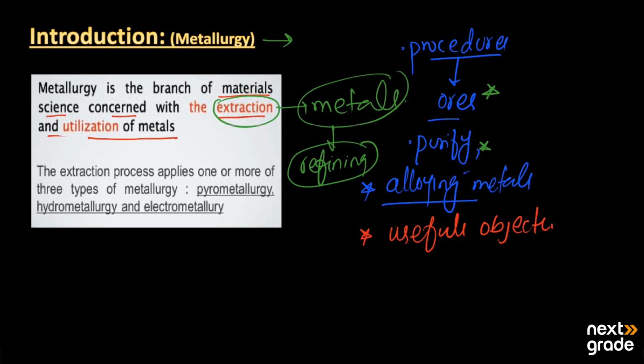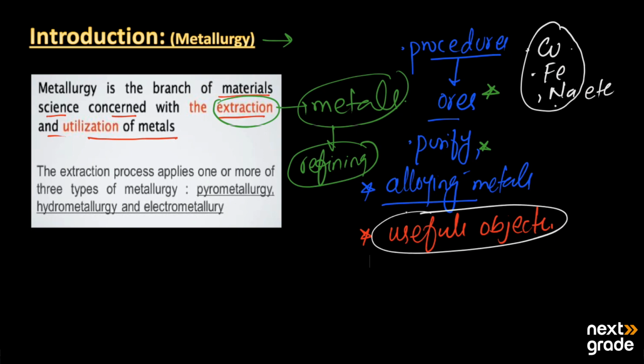The metals that we can extract may be copper, iron, sodium, and so on. A lot of metals can be extracted from their ores and purified, and then many useful objects are produced from them.